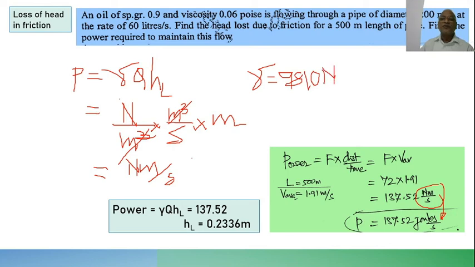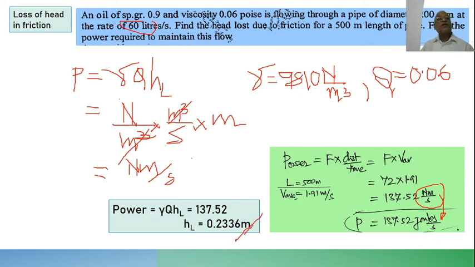This is how you have to substitute. And Q, anyway it is given 60 liter per second, so you have to put Q equal to 0.06 meter cube per second. So substituting, if you work out, HL will be 0.2336 meters. This is the head loss.